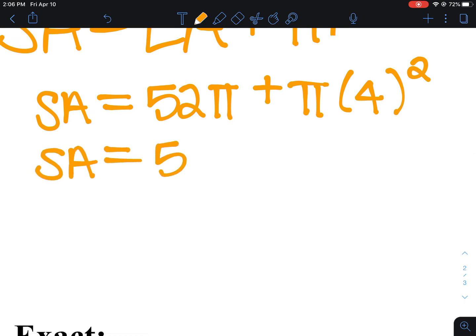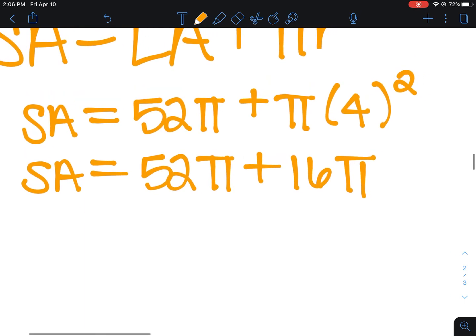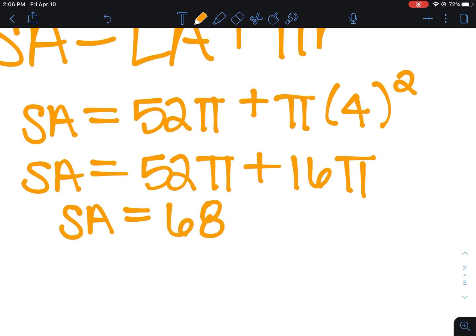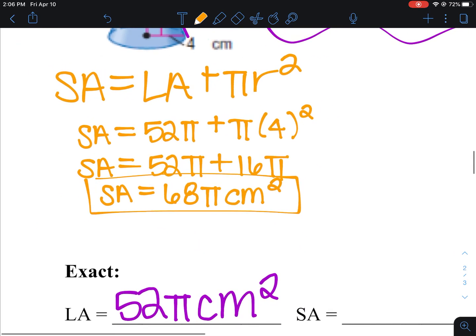So let's simplify this. That would be 52 pi plus 16 pi, right? 4 squared is 16. So remember, these act like terms. So just do 52 plus 16, which is 68. Throw a pi on there in the answer. We're in centimeters squared, and we're done. Right?